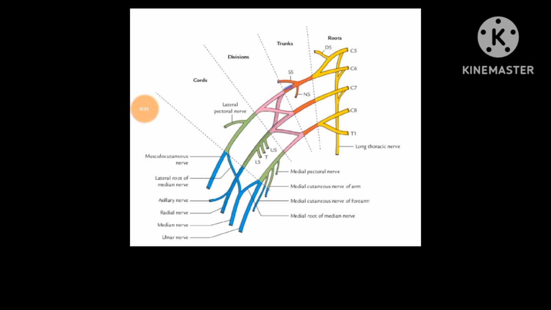This is the upper trunk which is formed by the C5 and C6. C5 and C6 join to form the upper trunk. C7 continues as middle trunk, and the C8 and T1 anterior primary rami of spinal nerves join to form the lower trunk.